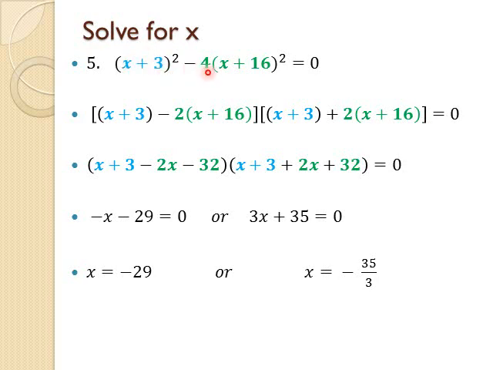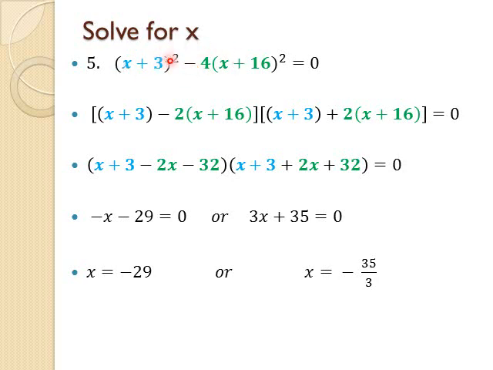Minus 4, you should know 4 is 2 times 2, no? So perfect square. And x plus 16 squared is a perfect square, meaning x plus 16 times x plus 16. This perfect square and that perfect square is separated by a minus sign, therefore it's difference of 2 squares.